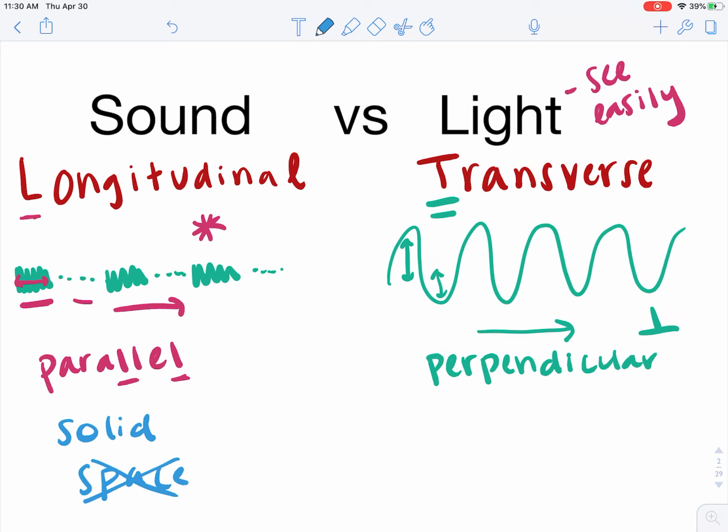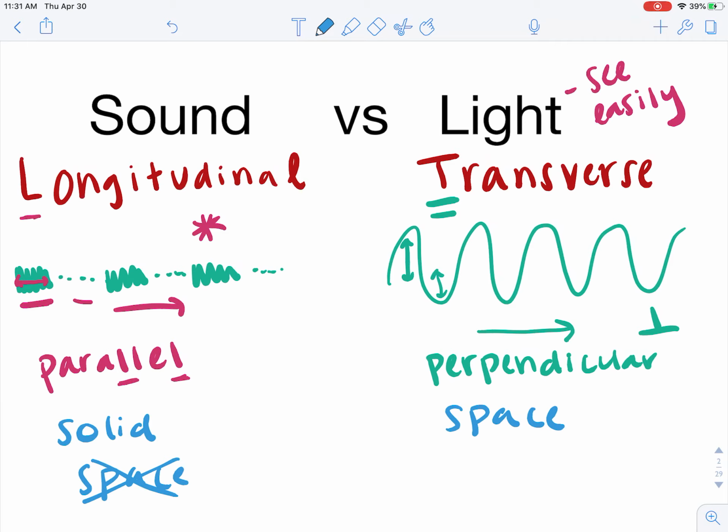The one place sound cannot travel is space. Well, the exact opposite is true for light. Light travels fastest through space, and we know light can travel through space because we see light from the sun, we see light from the stars, we see light that's very, very far away that travels through space.